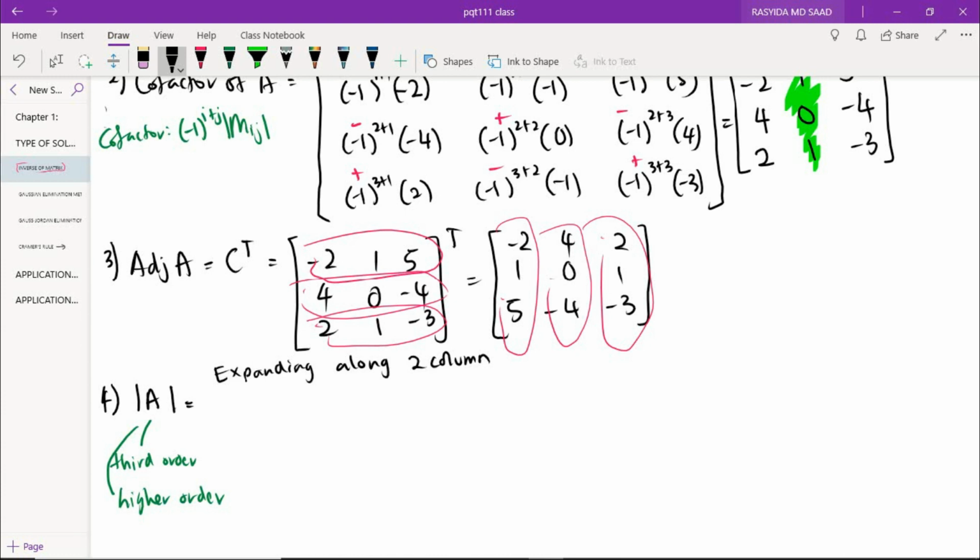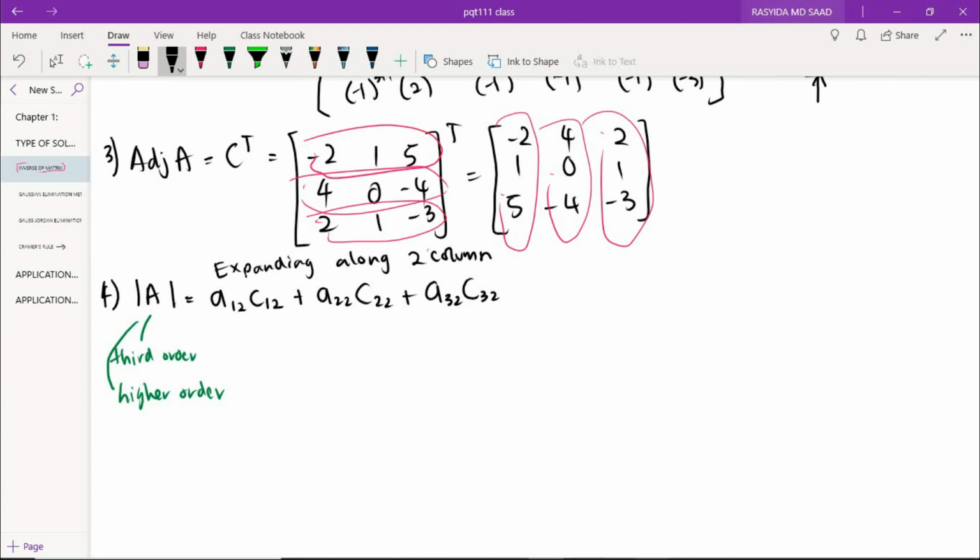When you expand along the second column, it will be A12, C12, plus A22, C22, plus A32, C32. For higher order, if you choose the second column, the column is constant and the one that changes is the row: 1, 1, 2, 2, 3, 3.